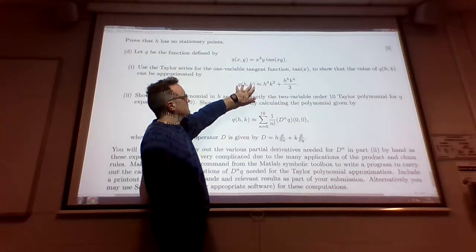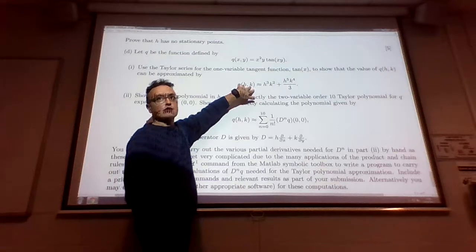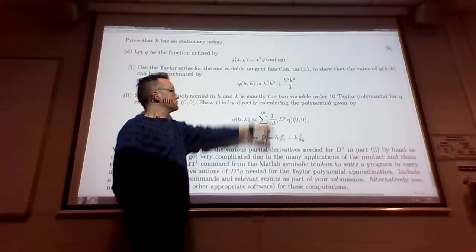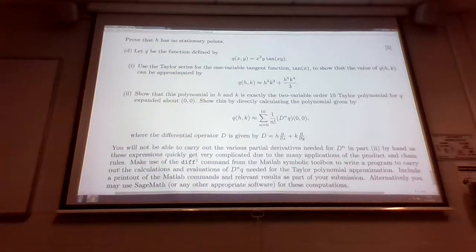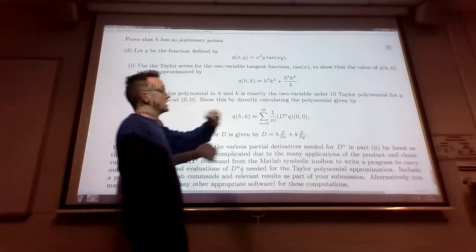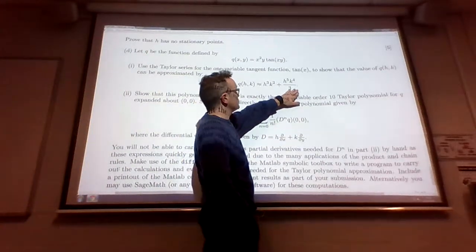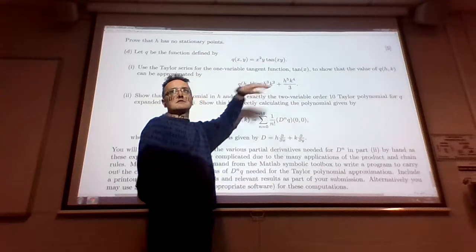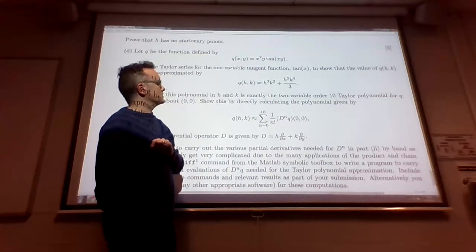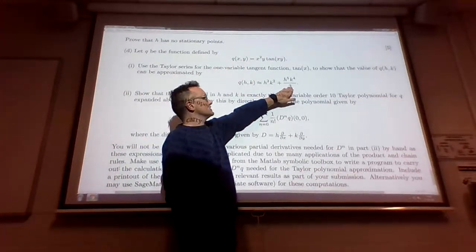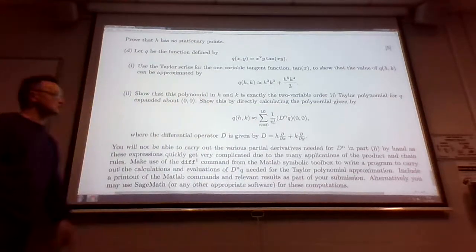But the fact that both of the base point values are 0 here. So we're approximating q at a point close to 0. Using the known single variable Taylor series for tangent, we can produce just a quick and dirty calculation to produce the polynomial approximation to q.